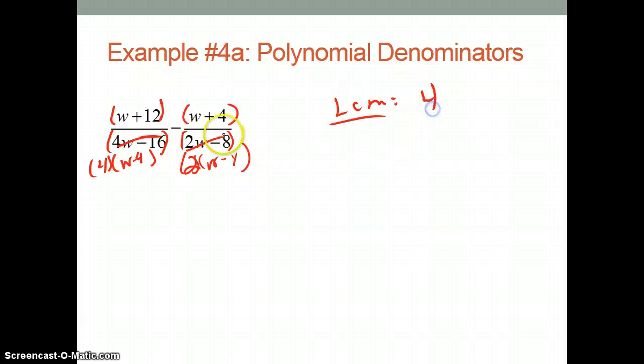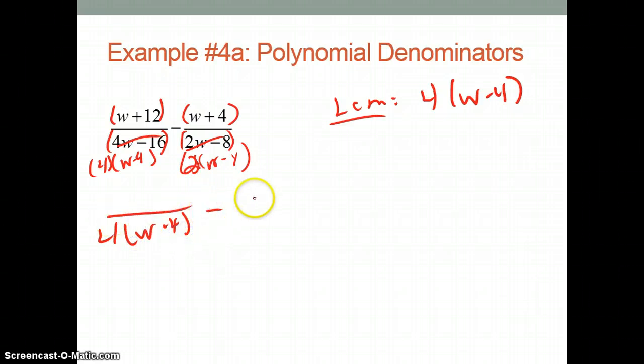That would be a 4 because we have 2 times 2 and just 2 alone. So 2 times 2 is the largest one. And then w minus 4 is in both of them, and it's just in there one time. So 4 w minus 4 will be our common denominator.